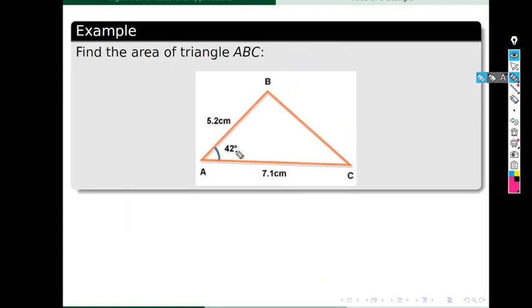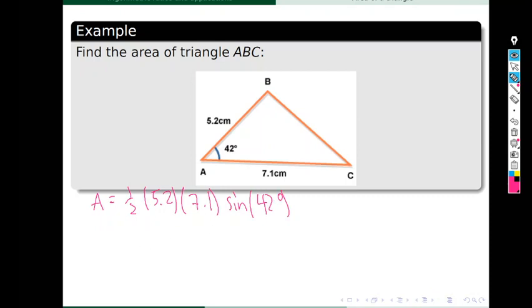Here we've got a triangle with, conveniently, two side lengths and the angle between them. Great, we can just use our formula. The area is half times the two side lengths, so 5.2 times 7.1 times sine of the angle between them, 42 degrees.